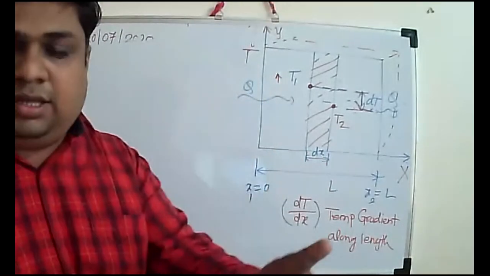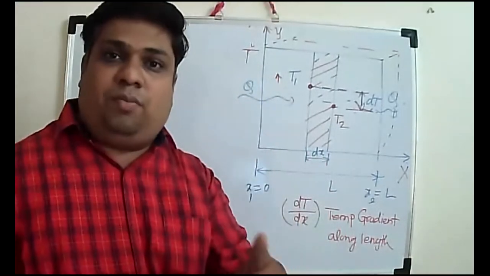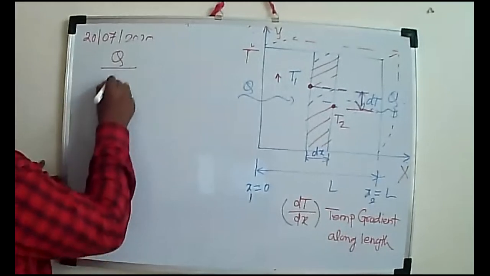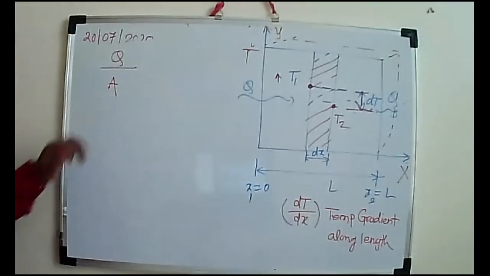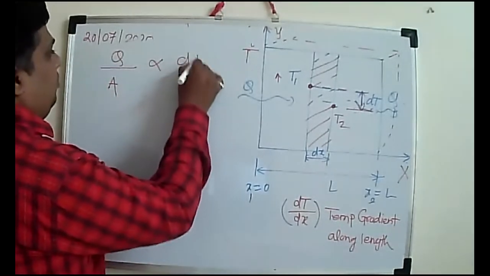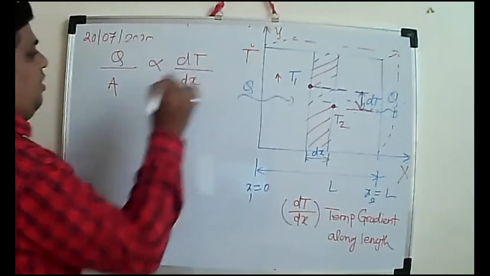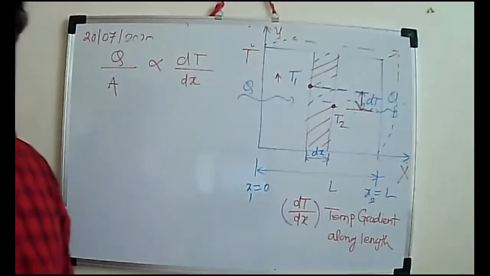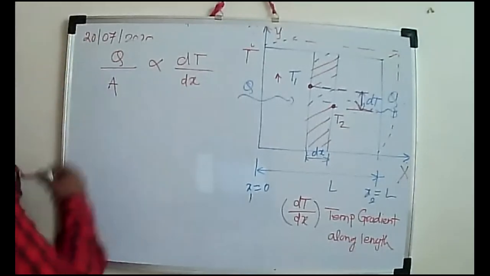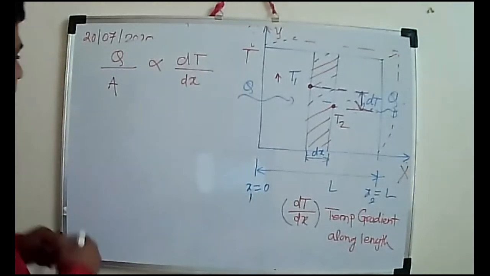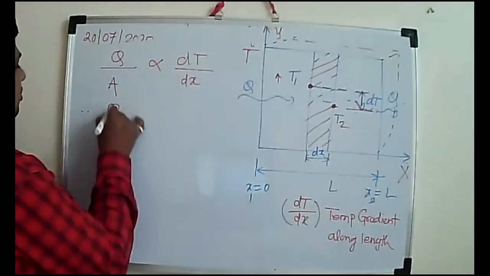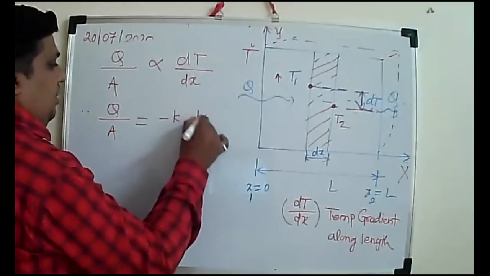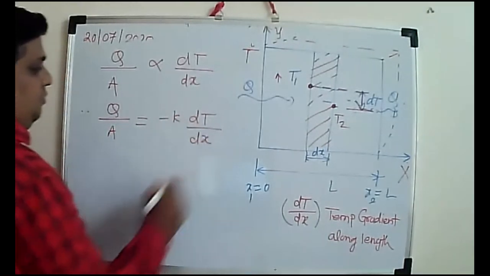I am writing Fourier's law in the form of a mathematical equation. Q by A is directly proportional to dt by dx. Therefore Q by A is equal to minus K dt by dx.